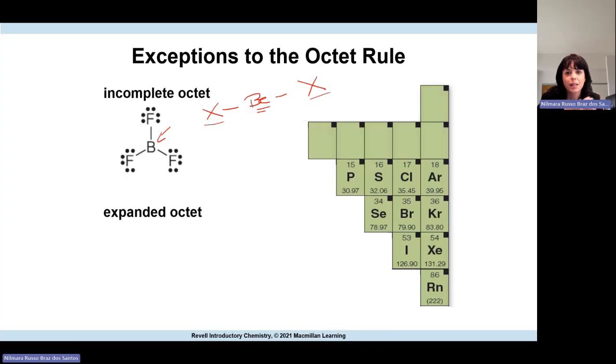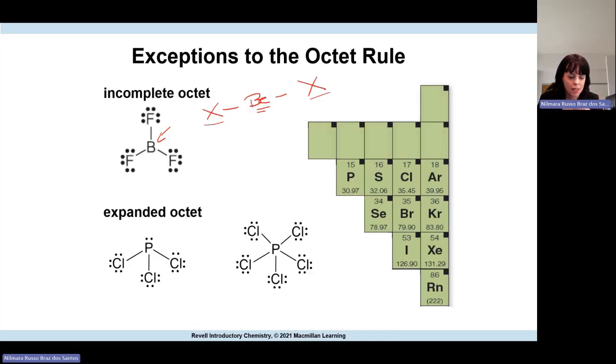Yes, we do. That we call expanded octet. Phosphorus, or all the nonmetals in rows 3 to 6, can be happy with more than 8 electrons. Phosphorus can be happy with 10, 12, doesn't matter.